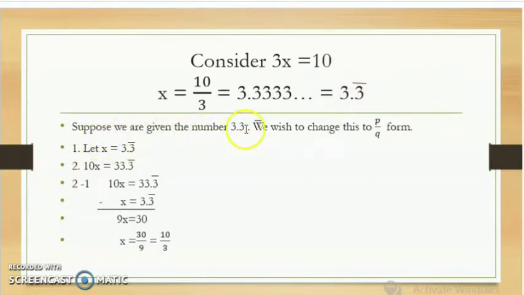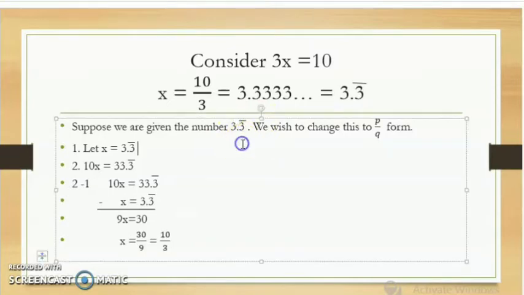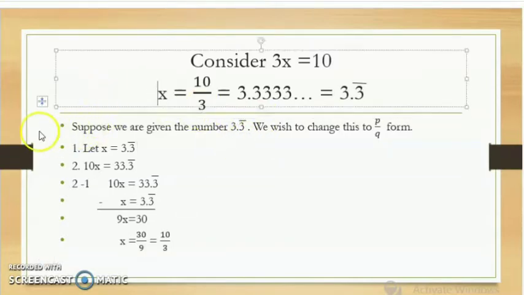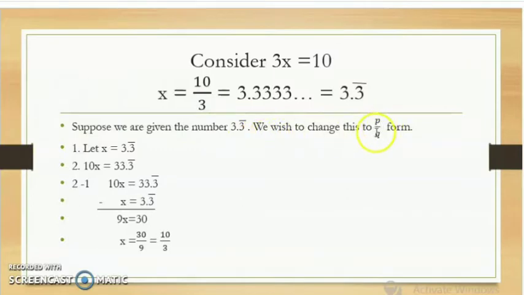Suppose we are given the number 3.333, and we want to convert this to its p by q form, that is 10 by 3. So we take x to be 3.333. If we can get something like 3x equal to 10, we can get x is equal to 10 by 3. So our idea is to make this into something like that.